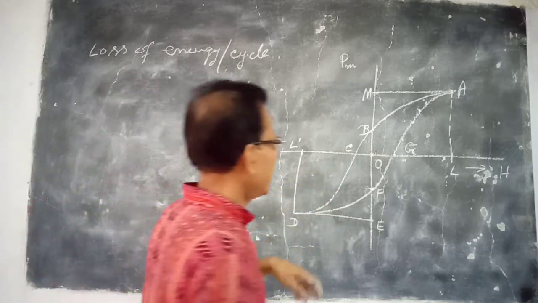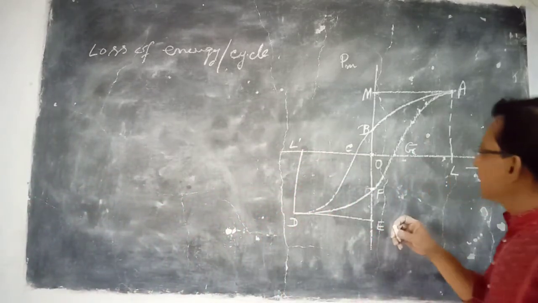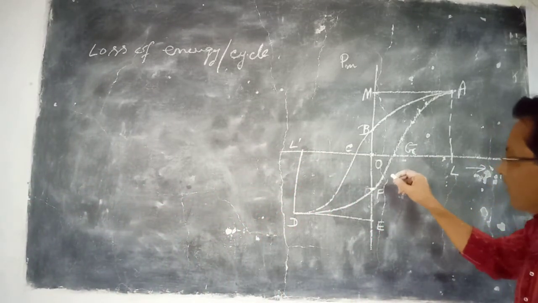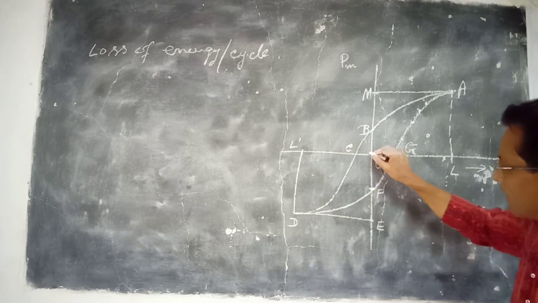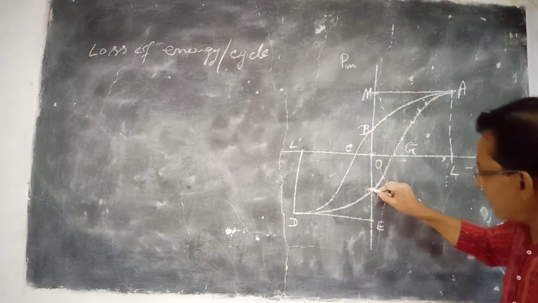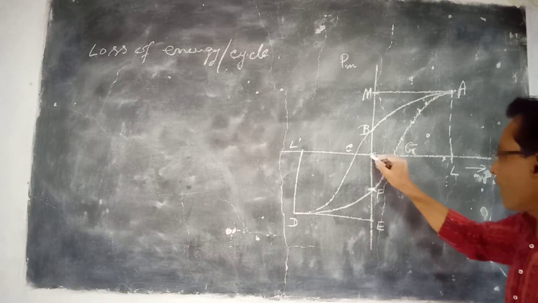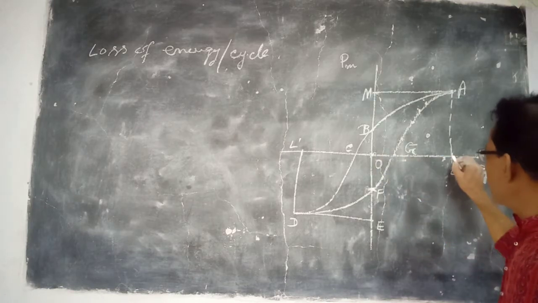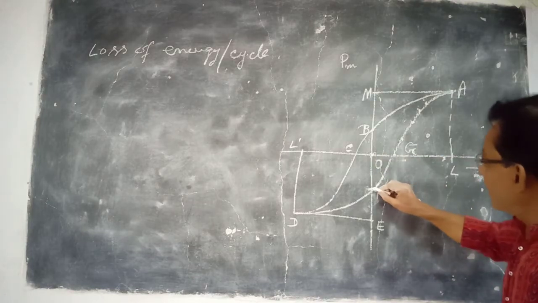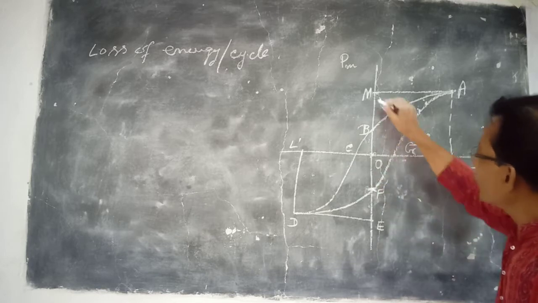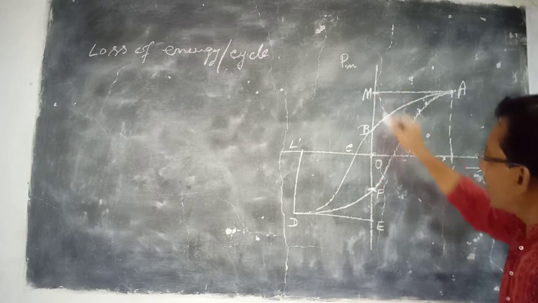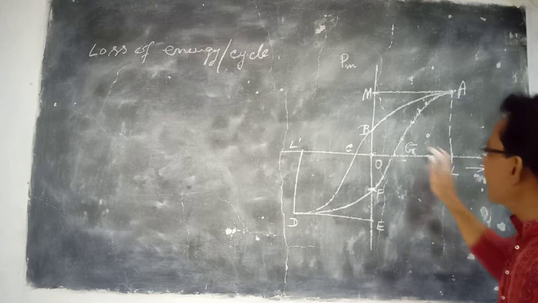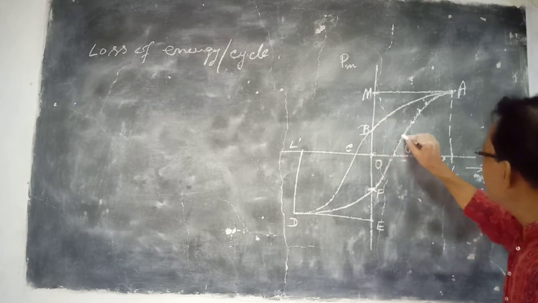Now in this process of magnetization, if we consider a small rectangular path, suppose initially the magnetizing field was here, it retains certain magnetization. Now it increases up to this one, so the intensity of magnetization will reach here at this point, and the curve of H and Pm follow this path.